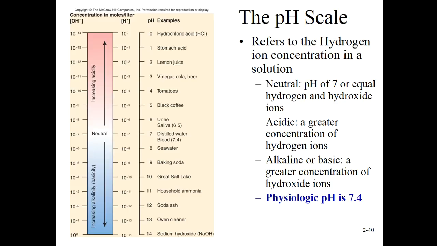pH is, of course, a measure of acid, base, and relative acidity or alkalinity. So distilled water, pure water, is neutral at 7.0. Blood, look at this.